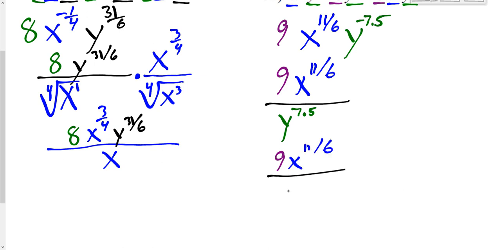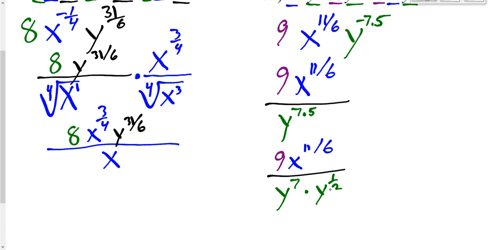Now, the bottom would really be a y to the 7th times a y to the 1/2, because remember, 7.5 is really a 7 plus a 0.5, which we could rewrite like this, because we remember y to the power times y to the power, we have to add our exponents.